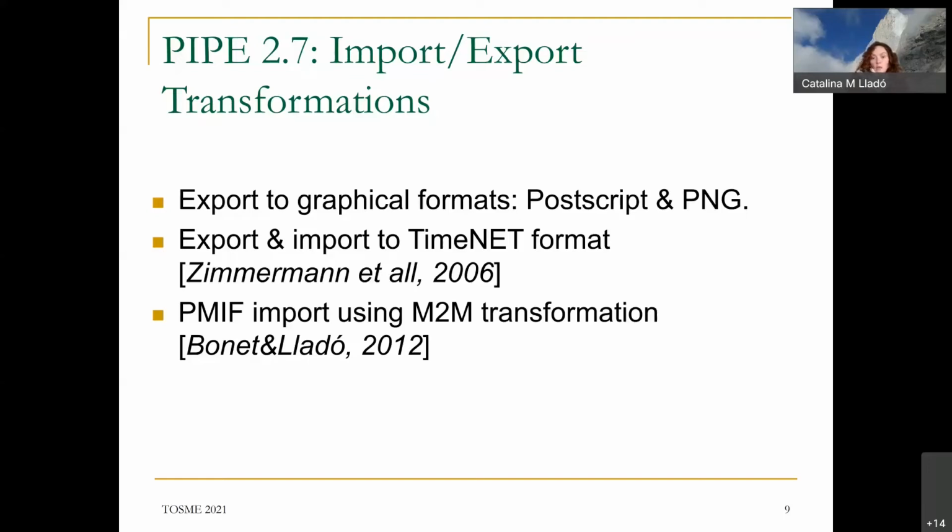So we can also import queuing network based examples that are specified using PMIF, the Performance Model Interchange Format, that Connie Smith and myself worked on quite a few years back already.